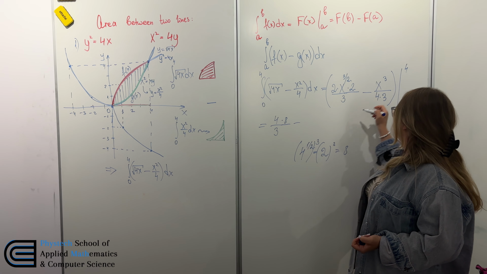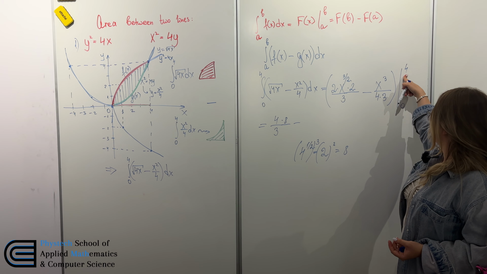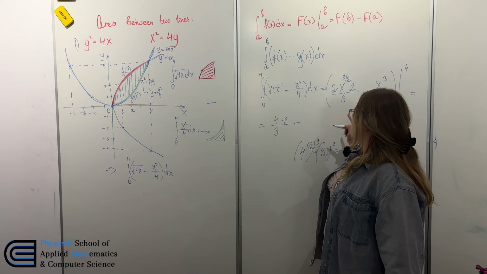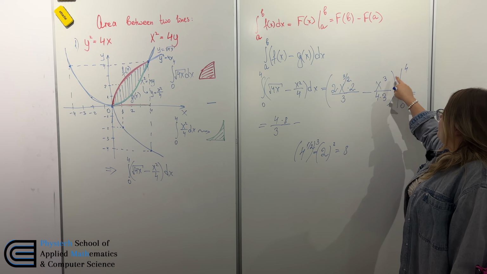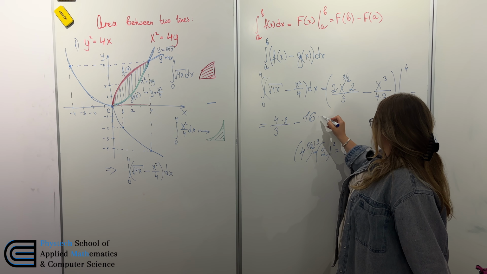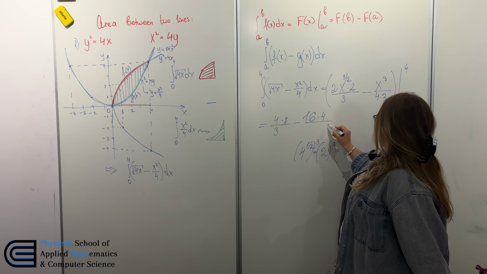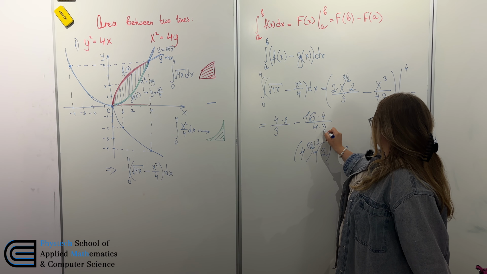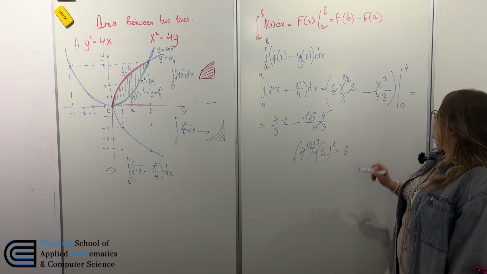Then minus. Here I can write 4 to the power of 2 and multiply it by 4 because I want to delete them.